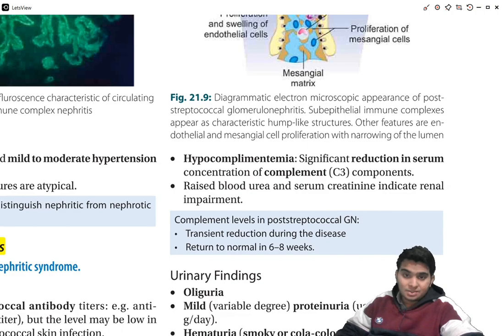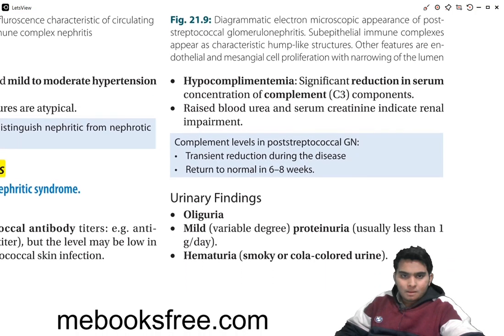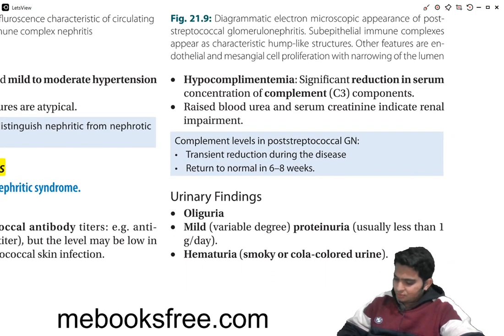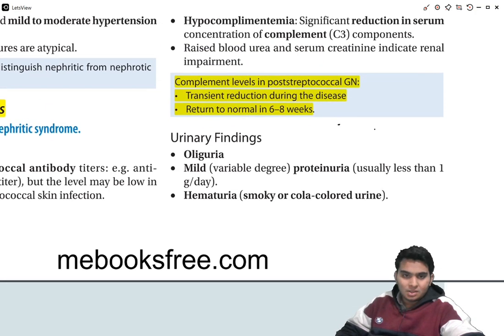Raised blood urea and serum creatinine indicate renal impairment. Complement levels in post-streptococcal glomerulonephritis show a transient reduction during the disease, but a return to normal in 6 to 8 weeks.